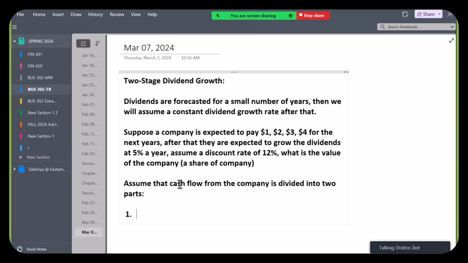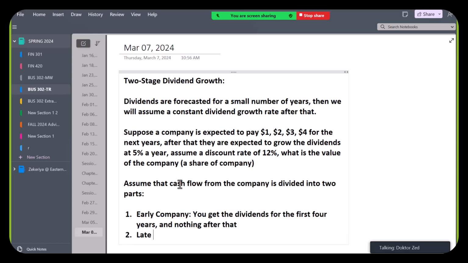I'm going to call one early company, and if you own the shares of early company, the only thing you get is the dividends for the first 4 years and nothing after that.